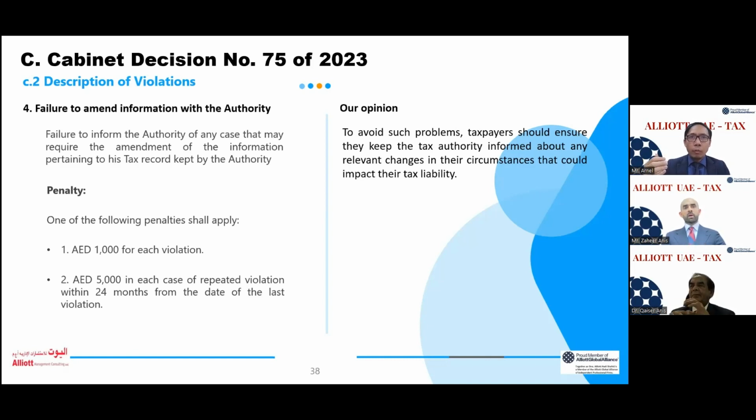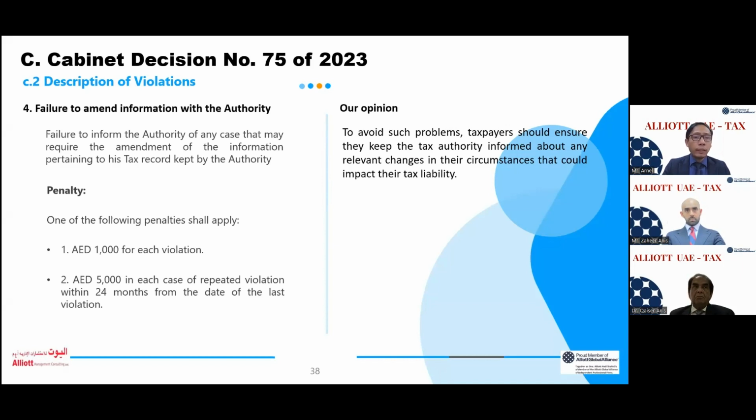So what we have to do is to keep updating any changes that our company has undertaken, and then update the information to the relevant authorities. Going back to the corporate tax, we also have the same violation wherein the old information you provided to the authority is no longer updated.